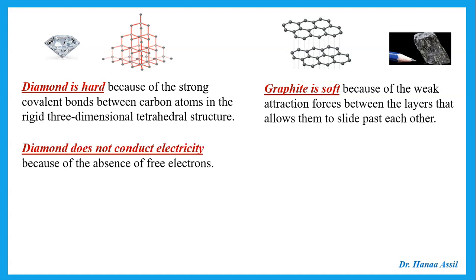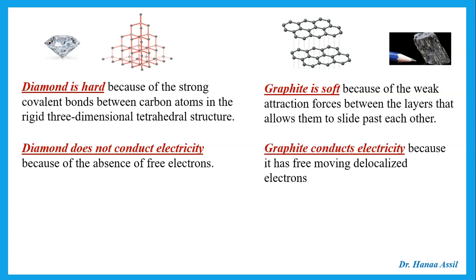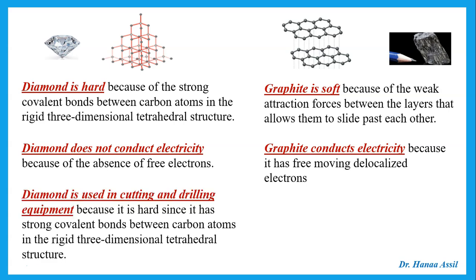Diamond does not conduct electricity because it does not have free electrons. Graphite conducts electricity because it has free delocalized electrons, not ions. The only time we mention ions is if we're talking about ionic compounds.